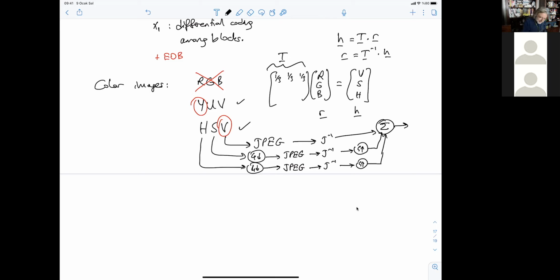So this combination of the V, S, and H channels corresponds to multiplying them with the inverse of this color transform to obtain RGB, because RGB is our original image.